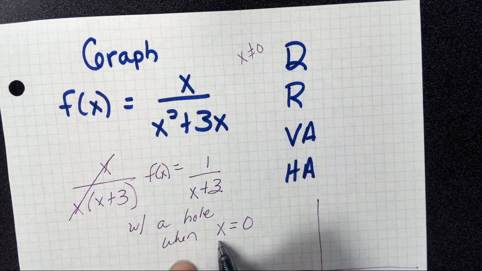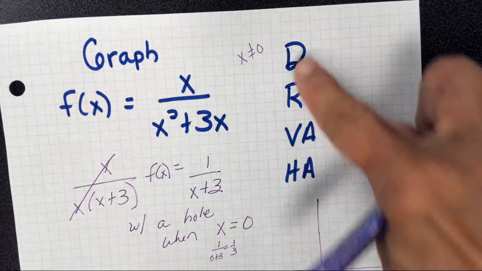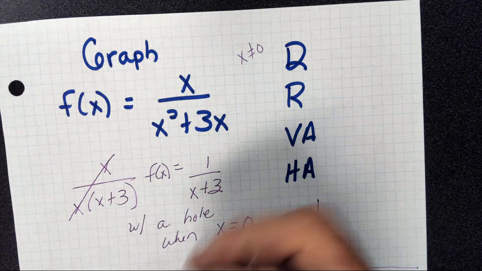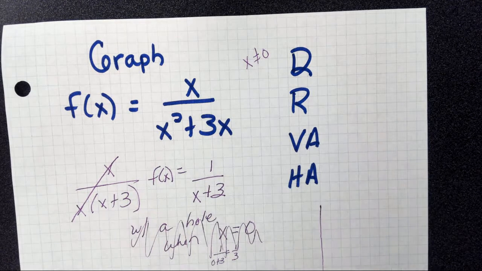So what is 1 over 0 plus 3? 1/3. So I am going to go to my graph, and I am going to draw a hole at 0, 1/3. I've dealt with it in my domain, I've dealt with it in my graph, and then I can just kind of forget about it. I'm done with that. I don't have to worry about it anymore. So if you take care of it up front, you can just forget about it, and it's done.